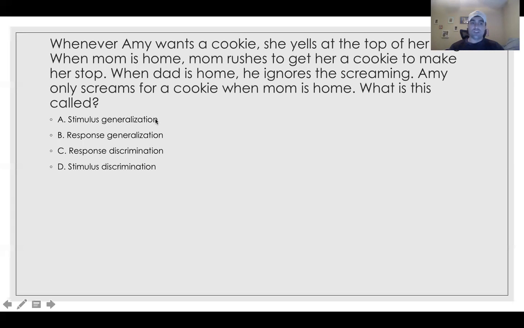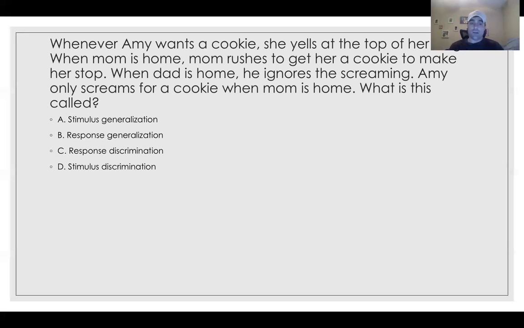So is this generalization? Well, no. She's not generalizing the screaming, because she's not generalizing it to different people or different places or different things. It's only happening in this certain scenario when mom is home. So our generalization answers are immediately out. What's happening is discrimination. Amy is learning to discriminate between what?